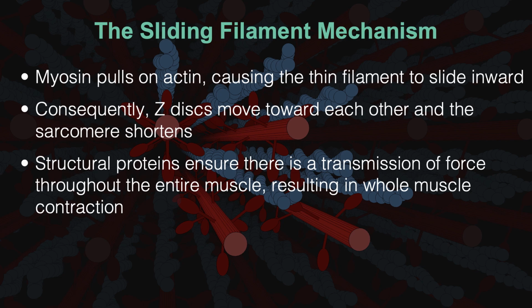It's tempting to think that the compression of the sarcomere means twisting of the proteins, squishing of the proteins, but they don't actually change in shape appreciably. They slide over top of one another. And the other structural proteins simply make sure that that force is transmitted linearly through the entire myofibril.